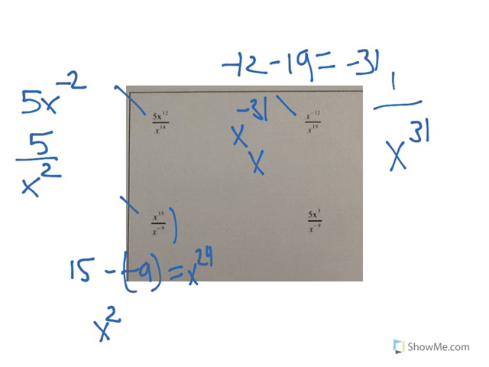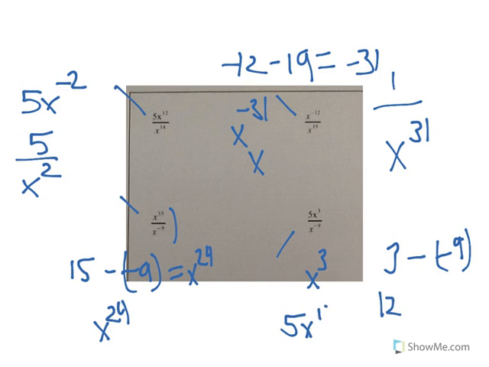It can just be written like that. For this one here, it's going to be x to the third. So it's going to be 3, and then this is to the negative 9th power on the bottom, so it's going to be minus negative 9. So that's going to be to the 12th, so it's just going to be 5x to the 12th power.